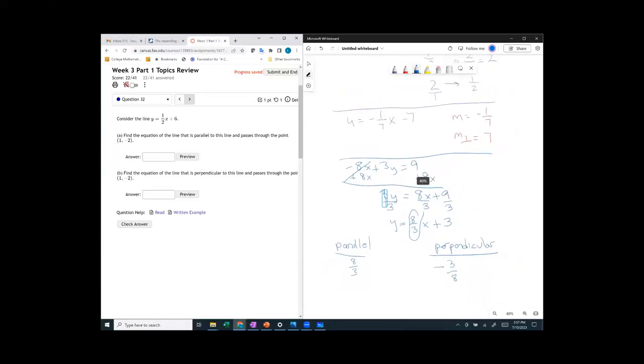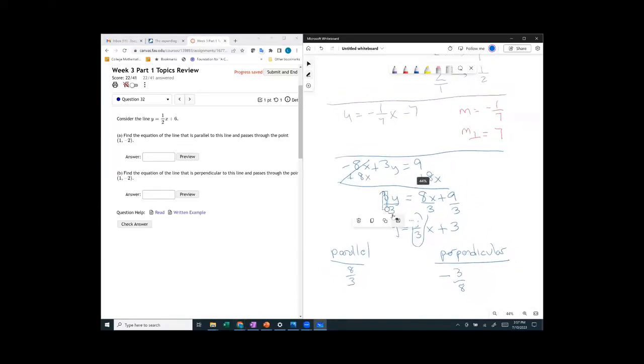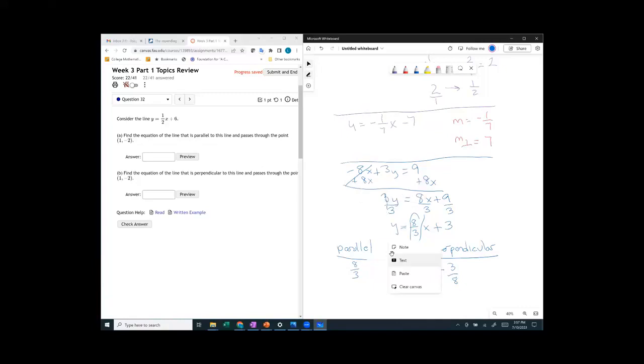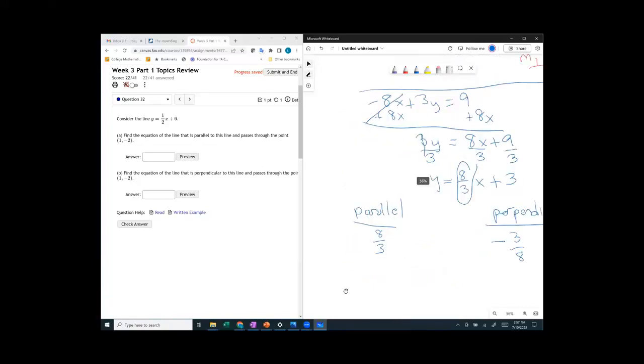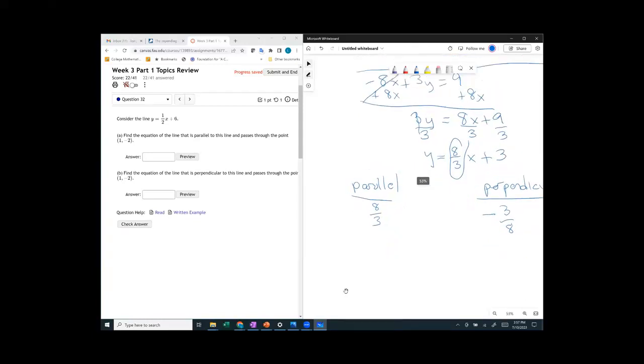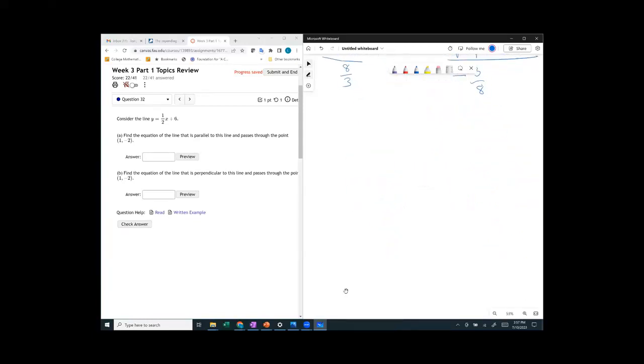Now, this is a great time to use point slope. Why? Because they give me a point and I know I can find the slope.